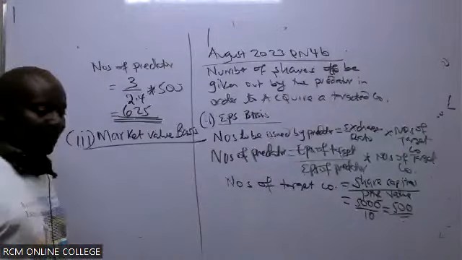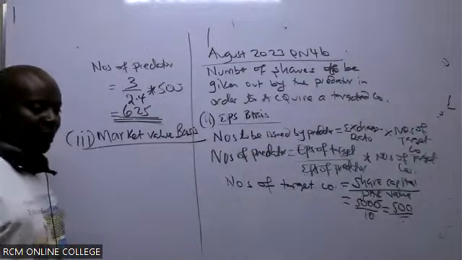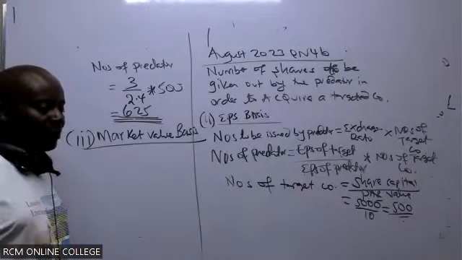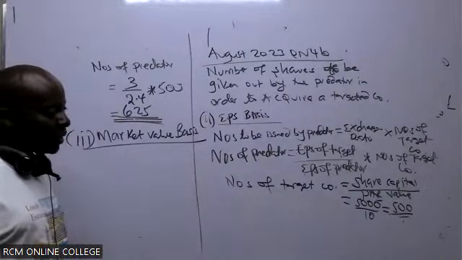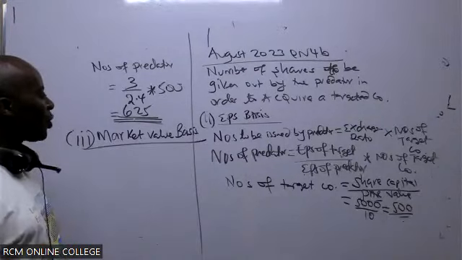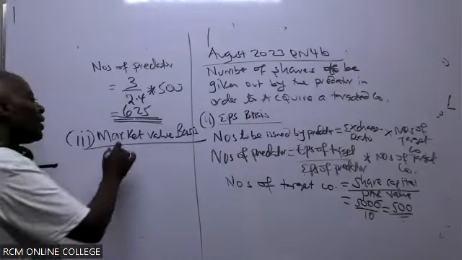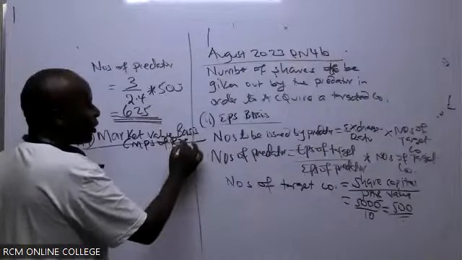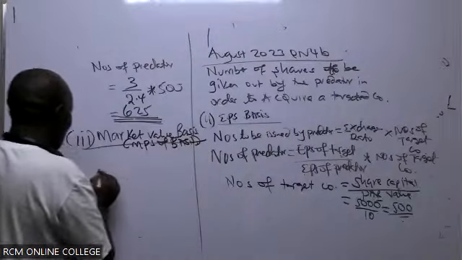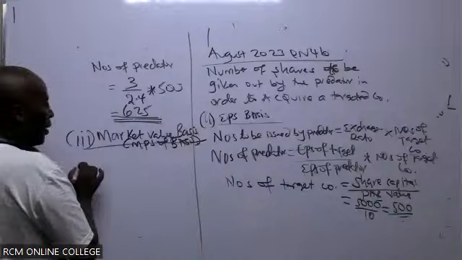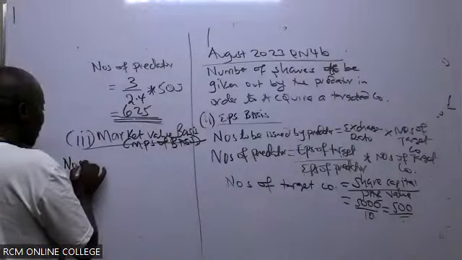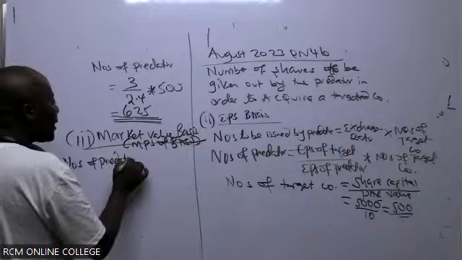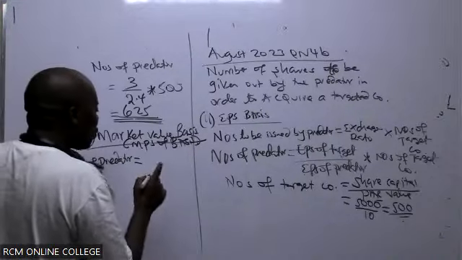So the market value basis is also known as the MPS basis. In this case, to get the number of shares of the predator, the exchange ratio will now be on the basis of MPS.